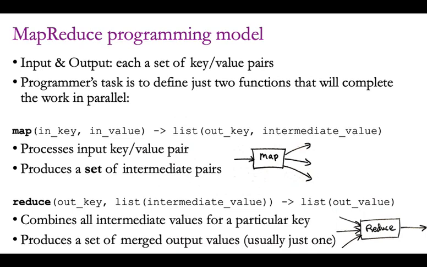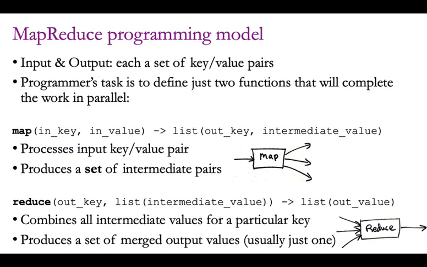Again, each of these map and reduce functions takes key value pairs. You have to define these map and reduce functions, and the map function takes in one key and one value. So this has one input, and it outputs a list of key and intermediate value pairs.